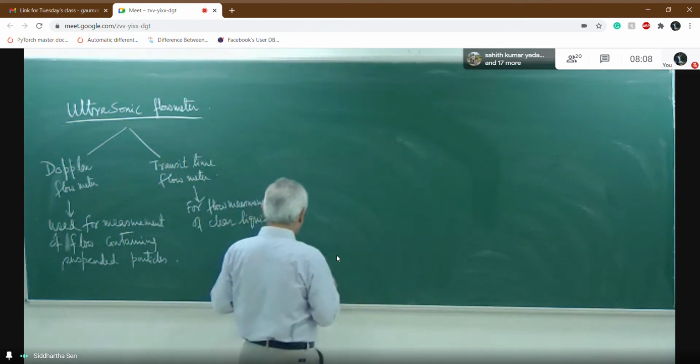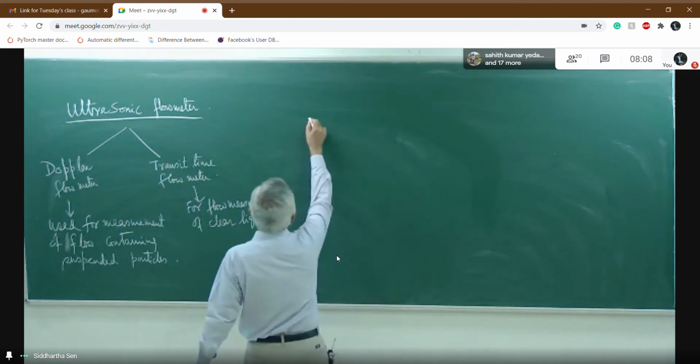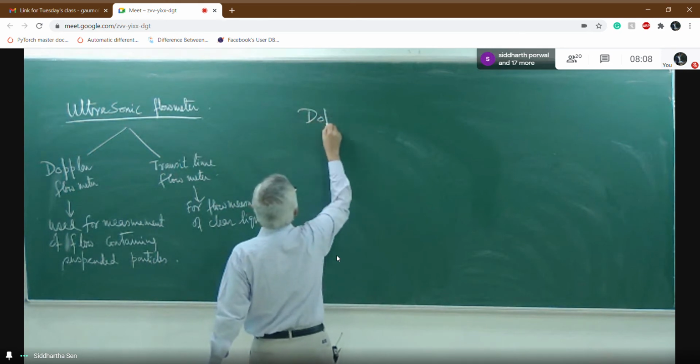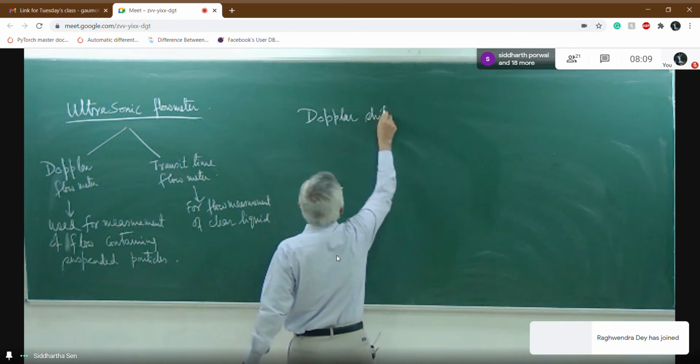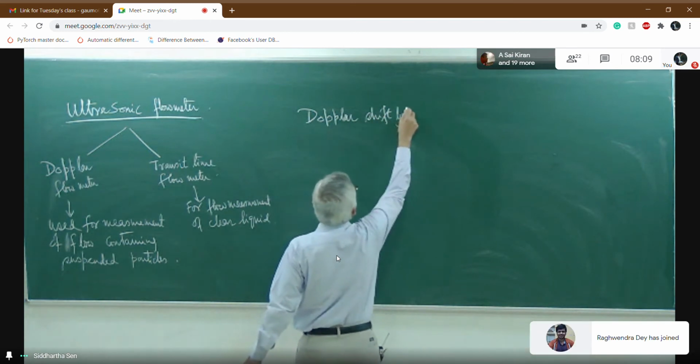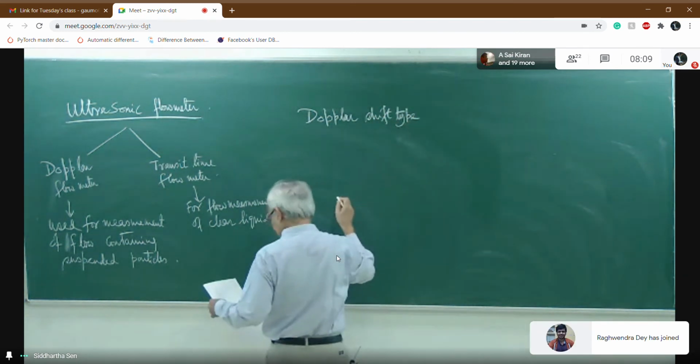Possibly you know the Doppler shift, and the Doppler shift type is something like this.